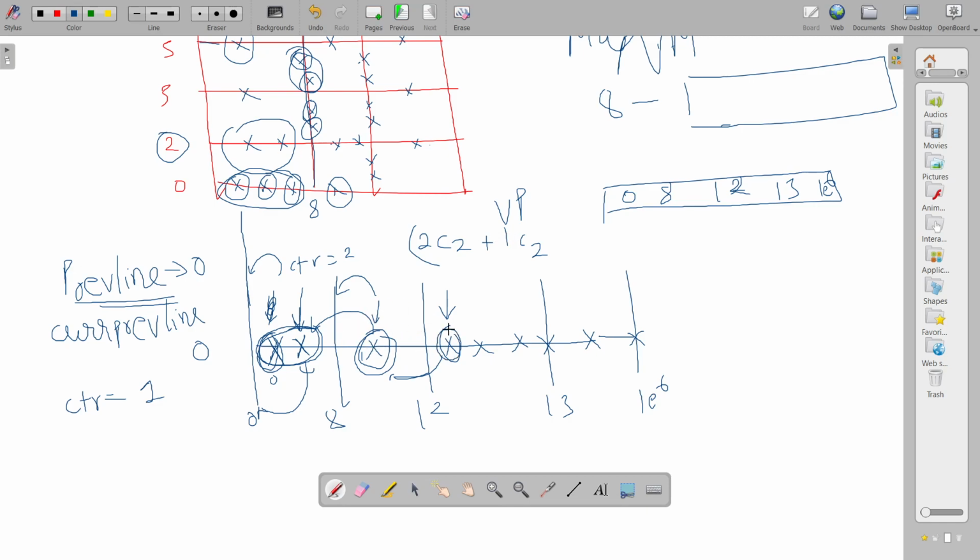Then okay, I move to this element. These two have the same, like 12 as their previous line, so my counter is 2. And this one also has the same, counter would be 3. This one has a previous line of 13 basically. So okay, at this point I'm going to subtract 3C2 from answer.